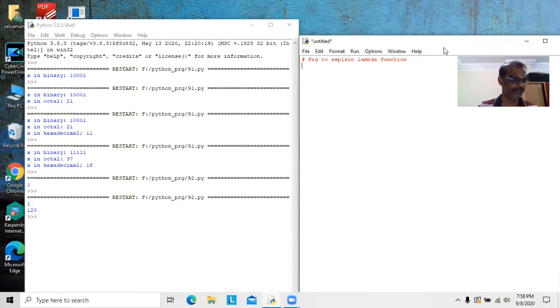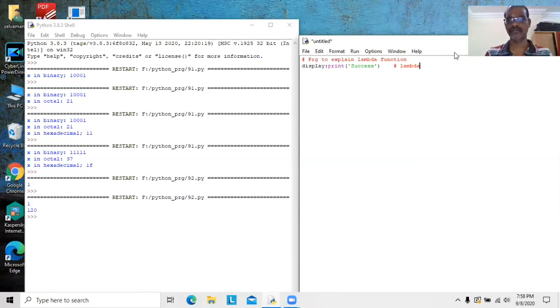Lambda function. So here display colon print success. This is one lambda function without argument.